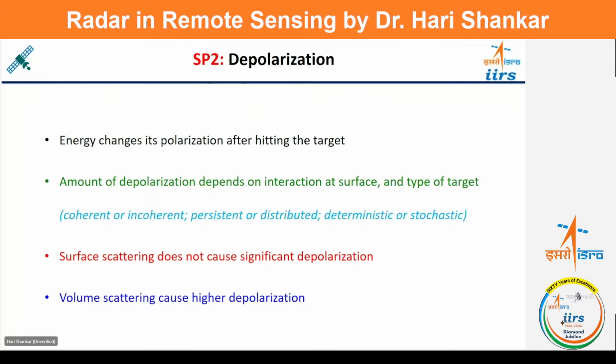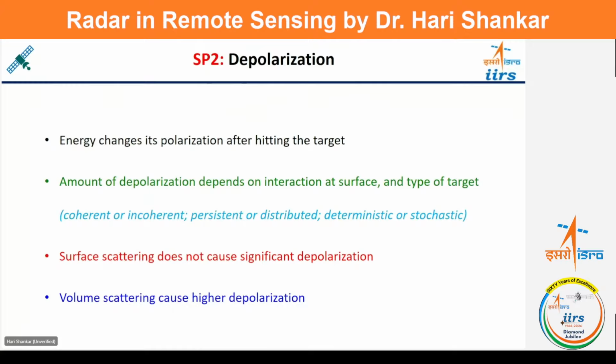It means after interacting with the target, the polarization is not getting disturbed, so the target is a coherent target. And if the polarization changes by interacting with the target, it means the target is not coherent. That is called an incoherent target. So there are two types of targets, coherent or incoherent. Coherent targets you can also call persistent targets, or deterministic targets.